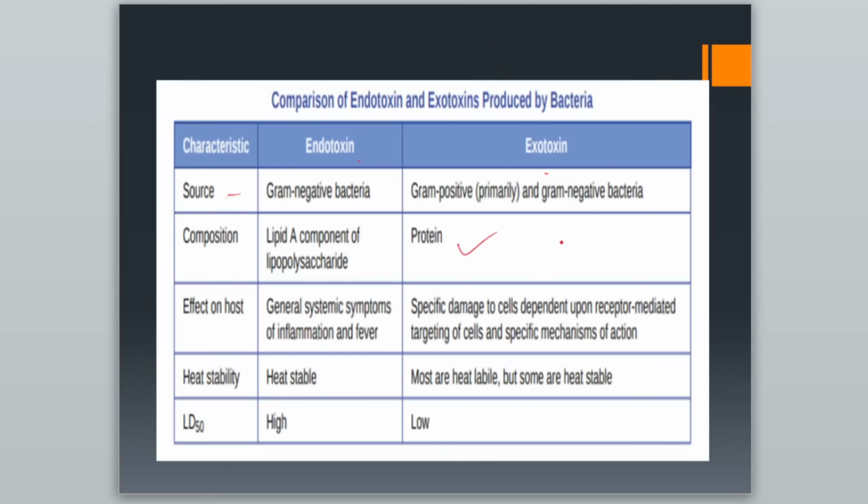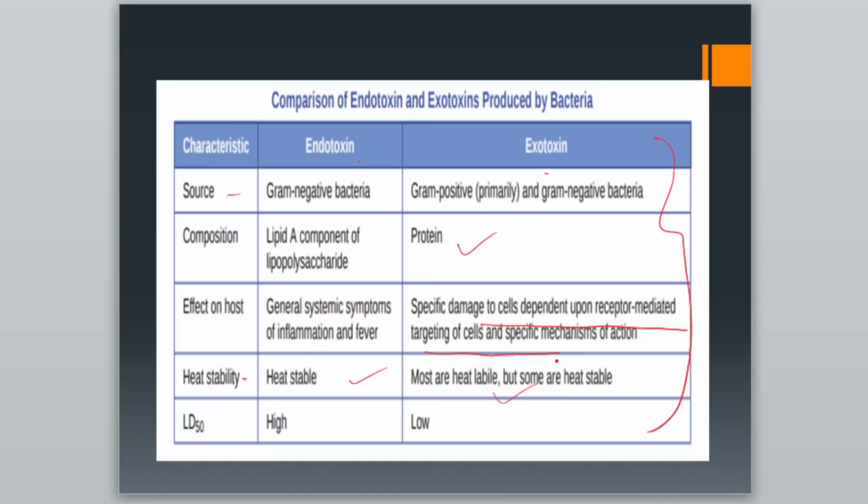These are the MCQs, so just take a screenshot. What is the effect on host? Endotoxin causes general systemic symptoms of inflammation and fever. Exotoxins cause specific damage to cells, dependent upon receptor-mediated targeting of the cells and a specific mechanism of action. Endotoxin is heat stable, and exotoxin is mostly heat labile.